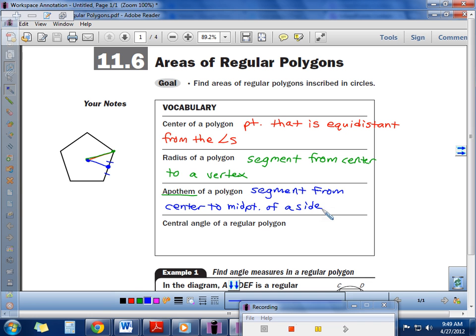The last thing we're going to talk about is central angle. And we kind of already have it drawn. It's this angle that we've created that's between what two segments? Okay, so it's the angle that's created by the radius and apothem.